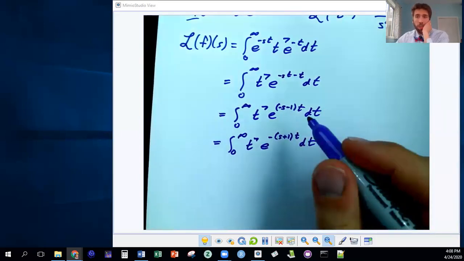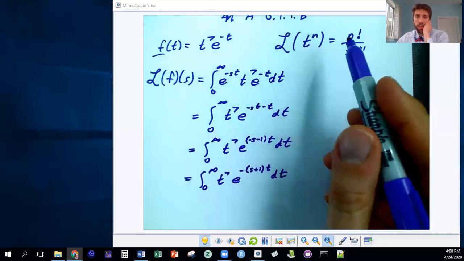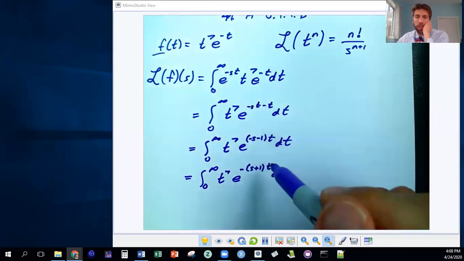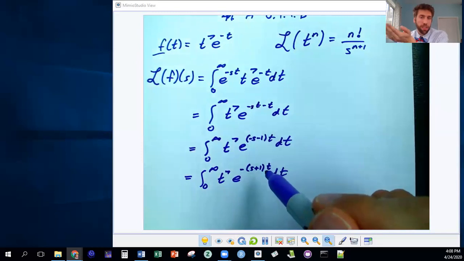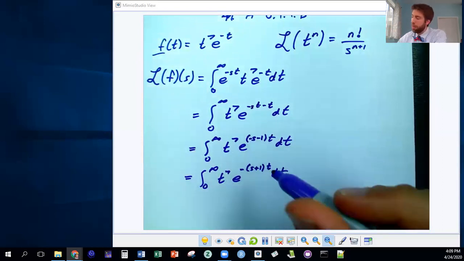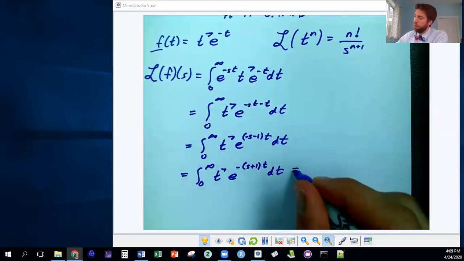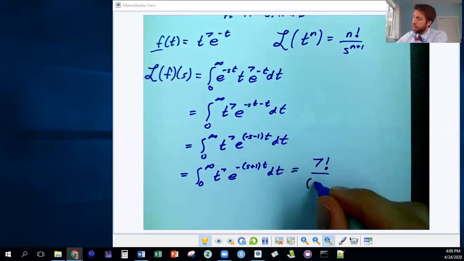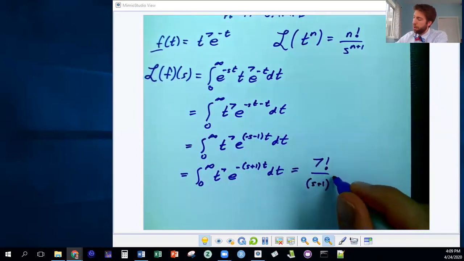Now, because I know this, I know that you get a situation where you have a negative s times t, but we never do anything with the s's except keep multiplying them together. And so the fact that I just have s plus 1 means that this is going to be equal to 7 factorial over, instead of s, s plus 1 to the power of 8.